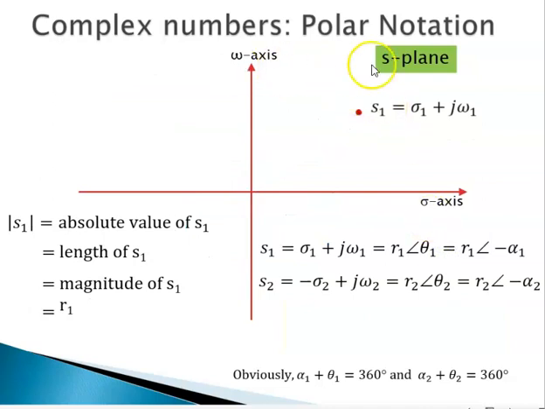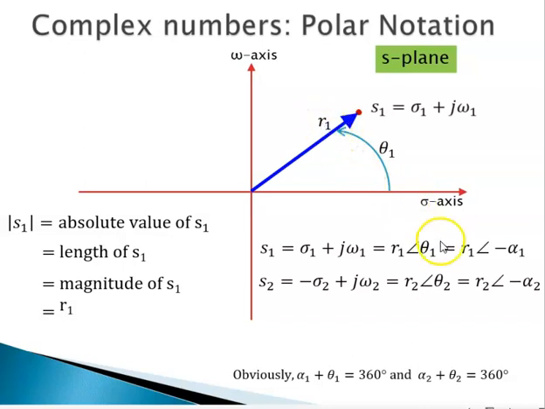There is a polar notation, that is, a notation where we represent a vector by its length and its angle with the positive real axis. Let us say this is a complex number, sigma 1 plus j omega 1. You can represent it by its length and the angle it makes with the positive real axis.